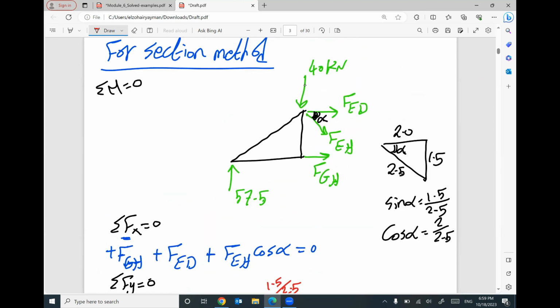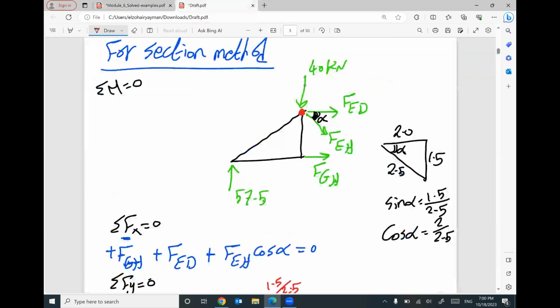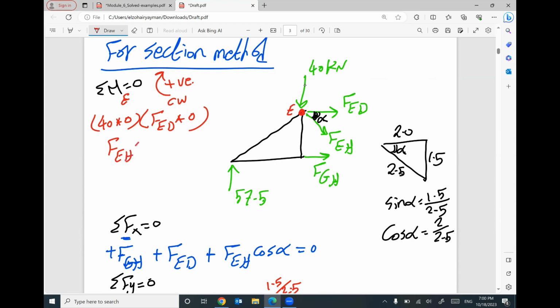The third equation, summation of moment at any point. I do recommend taking moment at this point for many reasons. I will take moment at E, this joint. I'm going to assume clockwise rotation is positive. If you take moment at E, 40 times distance is 0. FED will be times 0. FEH will be times 0. All of these three forces are at joint E, so the distance for these forces will be 0.